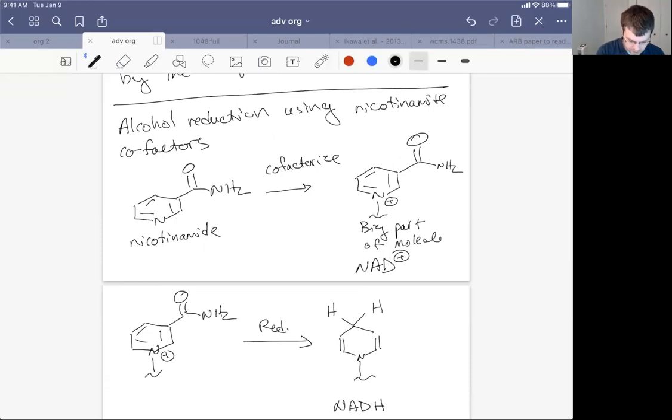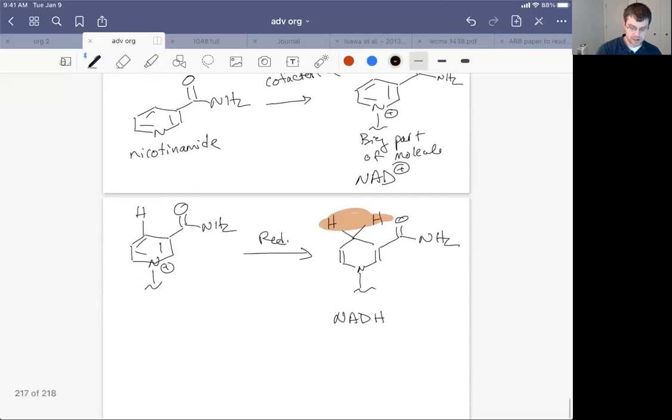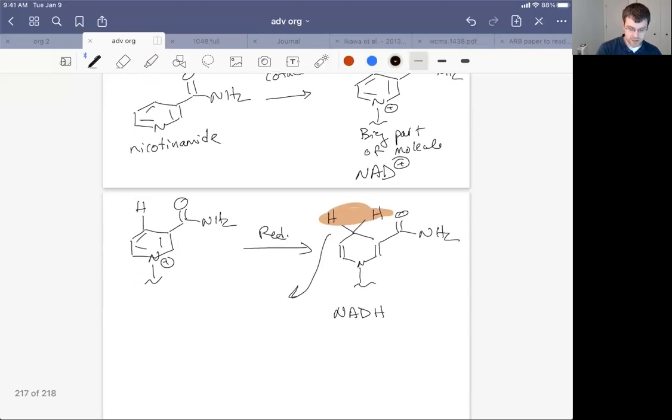We've gone from having 1 hydrogen at the northernmost position of our pyridine ring to 2 hydrogens. What's cool about this is one of these 2 hydrogens behaves like an H minus in sodium borohydride, so it's a good carbonyl reducing agent.